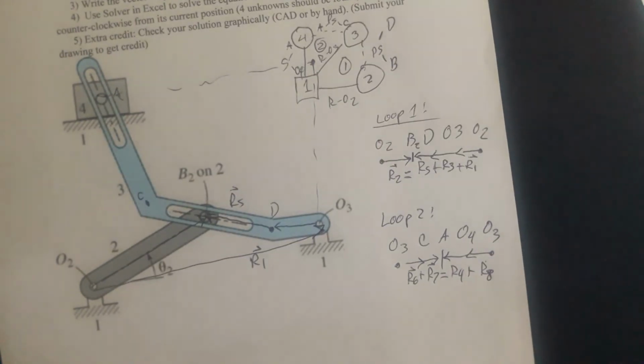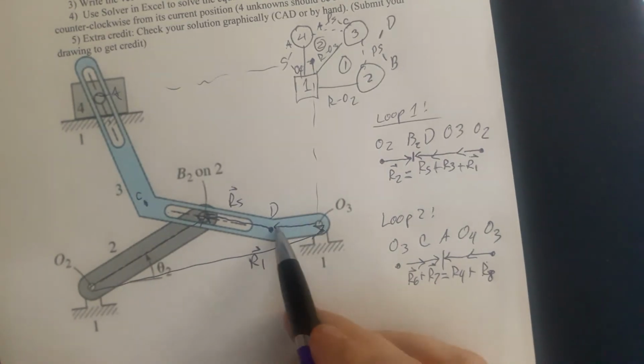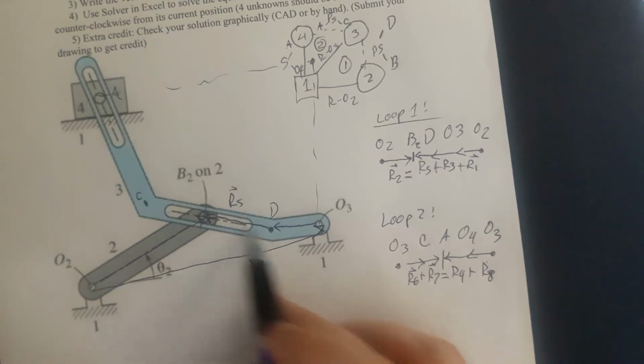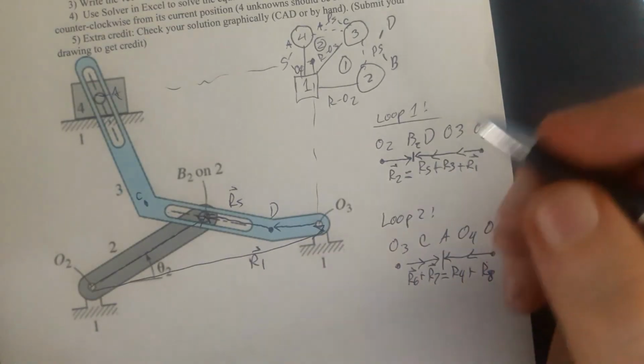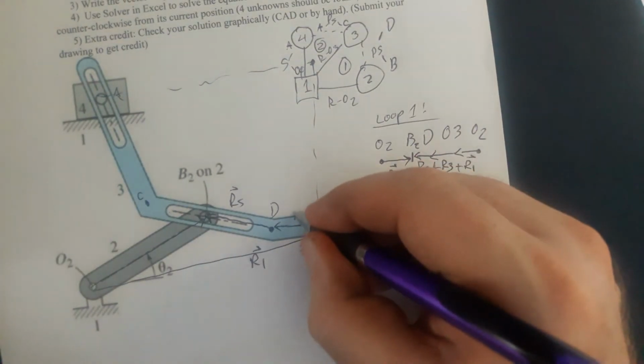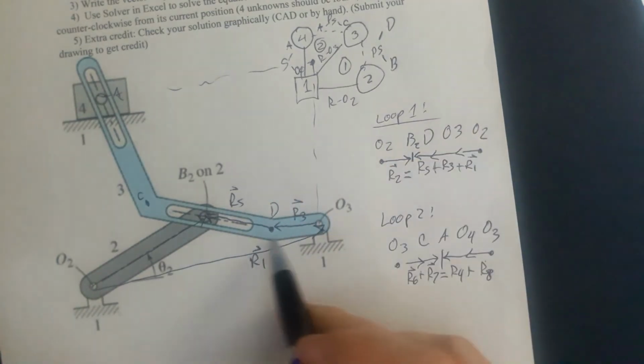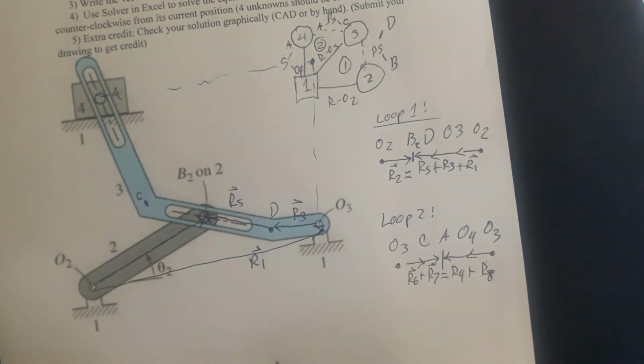Now, there's an awful lot of relationships between these because the angle between this vector and between this vector R3 and R5, that angle doesn't change as that link rotates.